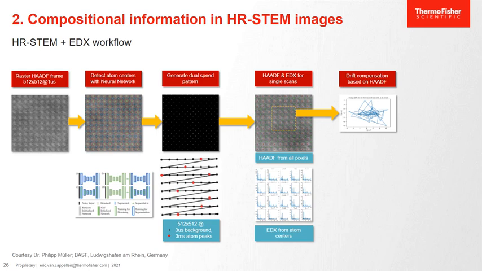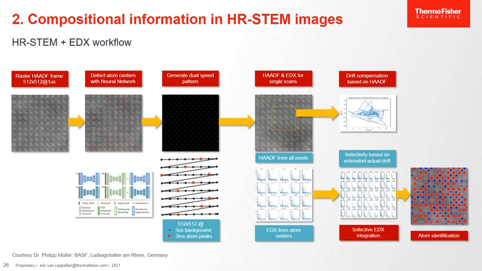Obviously, from multiple scans, I can also derive the drift. From the drift, I can do drift-corrected EDX. So now, on the atom positions, I can acquire EDX for 3 milliseconds drift-corrected.